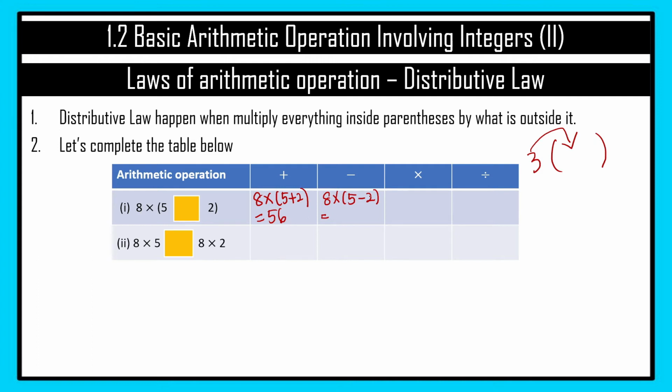So after that is 8 multiply 3, which is 24. And then the third one is 8 multiply with bracket 5 multiply 2. So 5 multiply 2, you get 10. 8 multiply 10, you get 80.